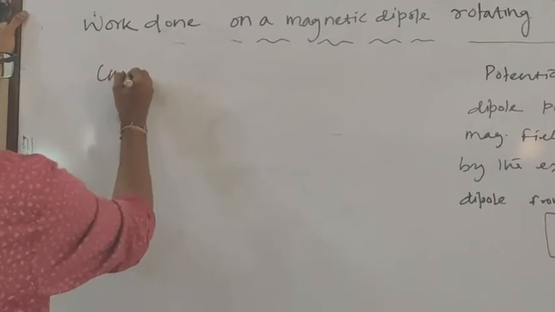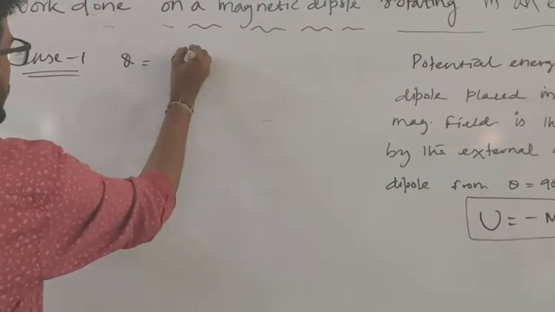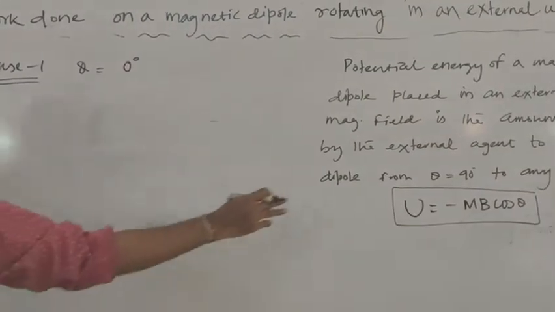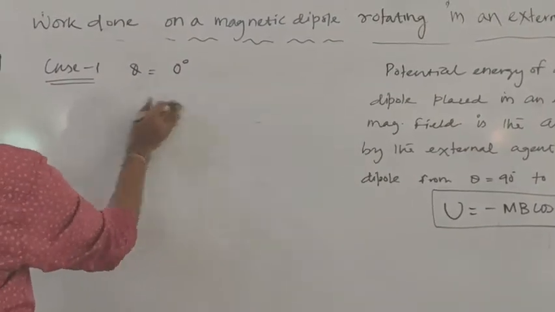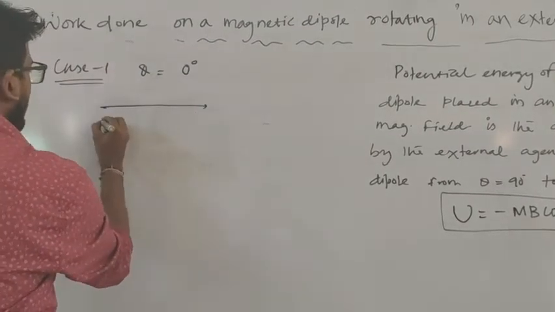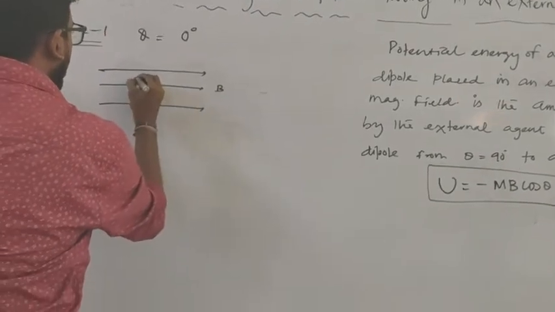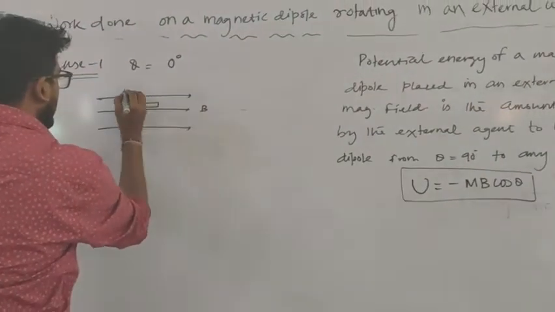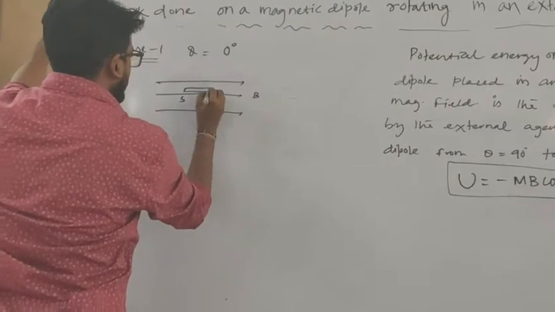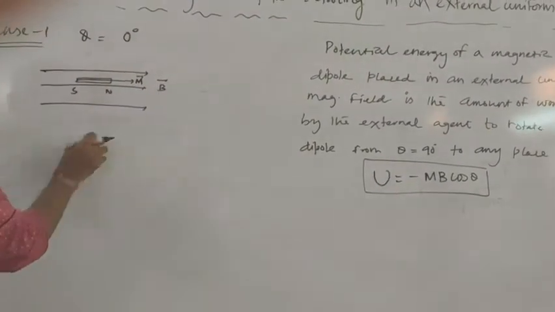Case 1, when theta equal to 0 degree. That means the angle between magnetic field strength and dipole moment is 0. Then what will be the value of potential energy of the magnetic dipole? Let this be B and the dipole is placed like this. There is south pole and north pole, so dipole moment will be along this direction. So theta will be 0.